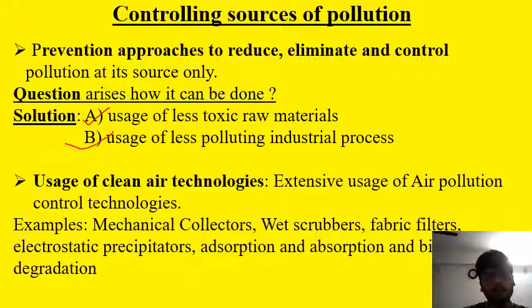If you are using a less toxic raw material, you can control the pollution at the source itself, and if you are using a less polluting industrial process, again you can control the pollution at the source.